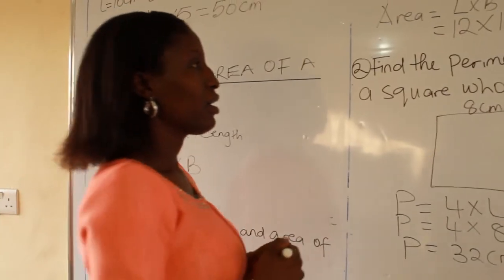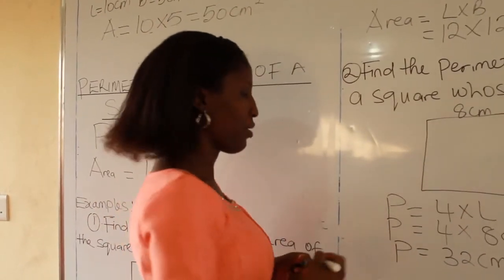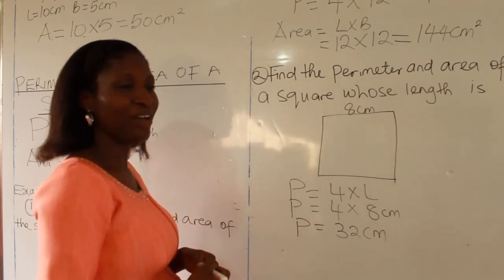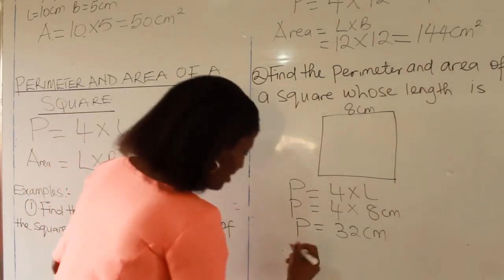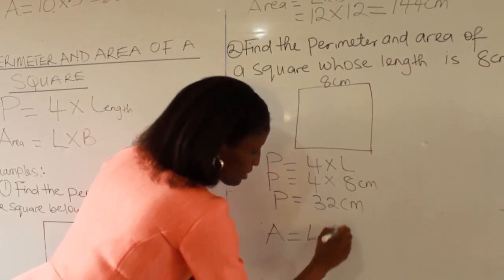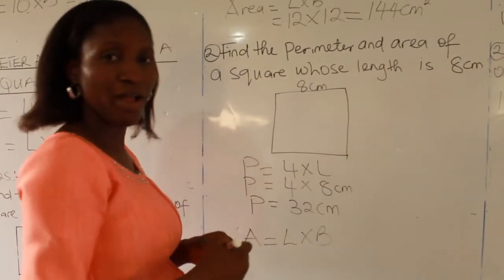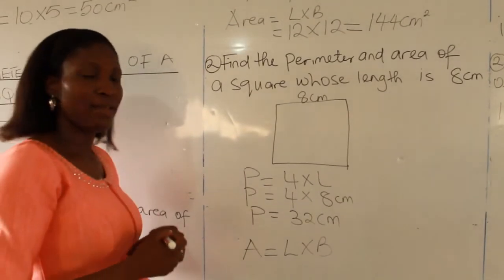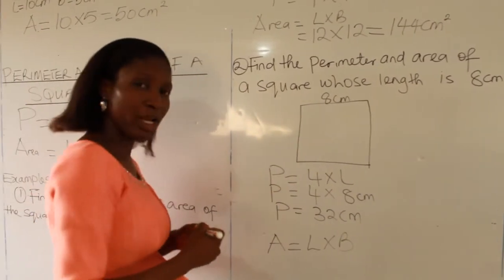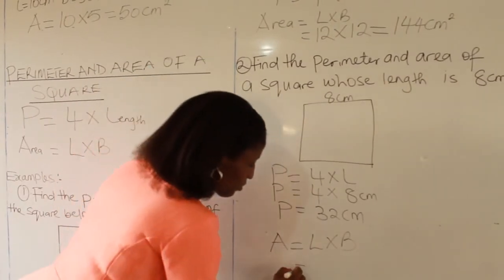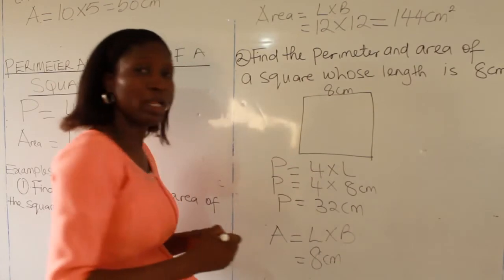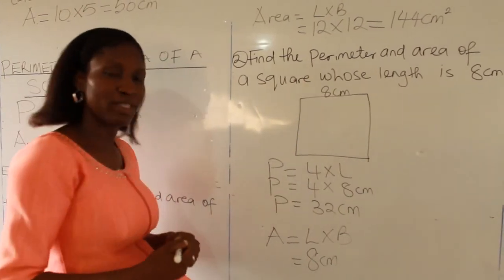Now, let's calculate the area. The formula for finding the area of a square is area equals length times breadth. In the question given, our length is 8 centimeters.